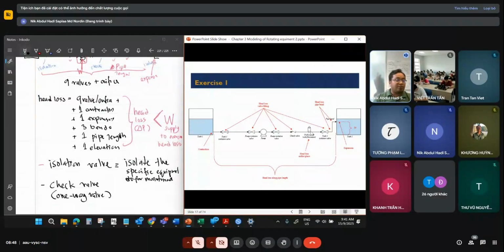We also have an orifice plate to measure the flow rate, and we also have a control valve. The control valve is to change the flow rate according to our process requirement. So that's it for the pressure drop.